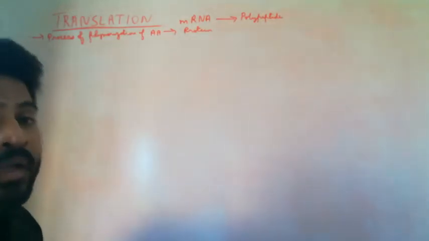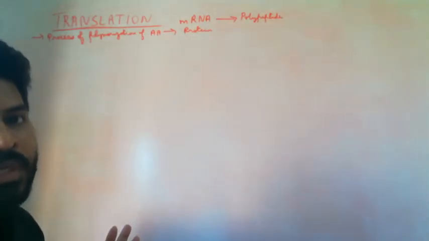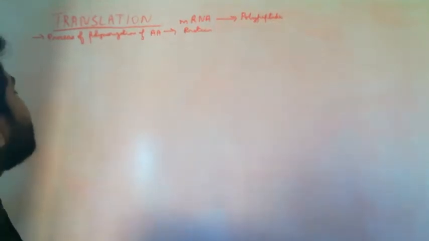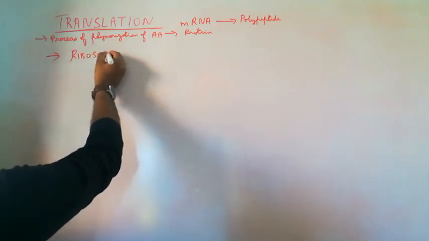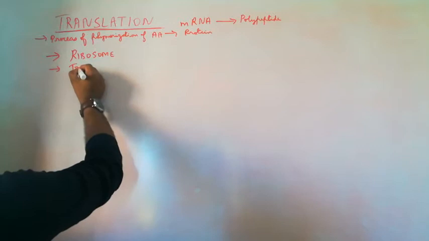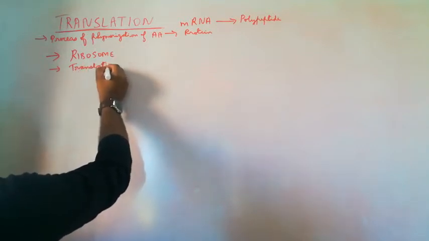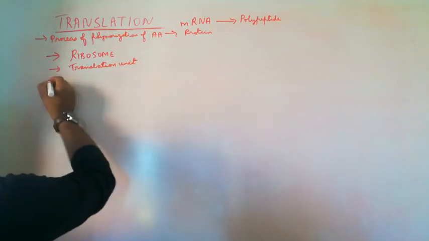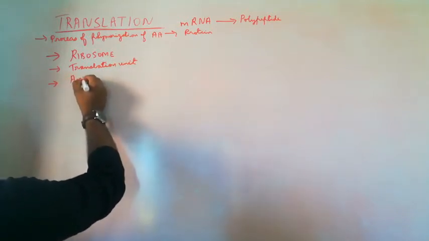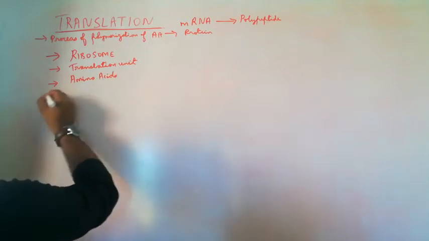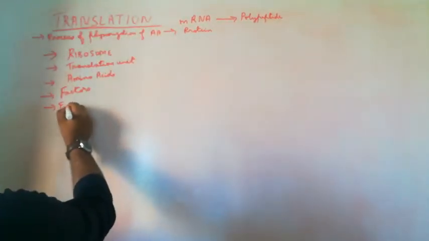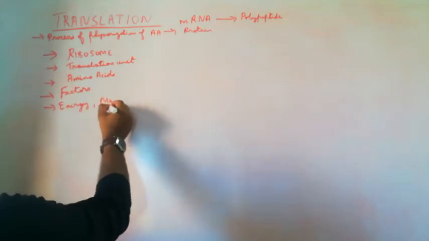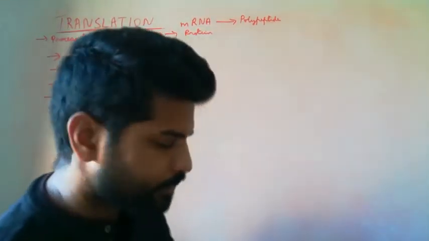So what do we require for the process of translation, or what is the machinery made up of? For the process of translation, we need ribosomes, we need a translation unit, and we need amino acids along with the help of certain proteins, and we also require energy and magnesium ions.